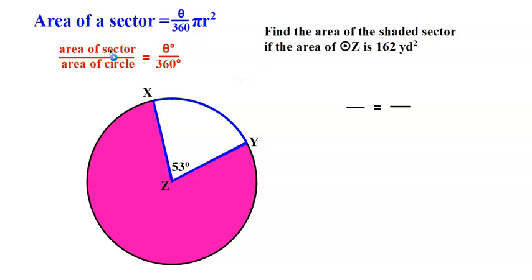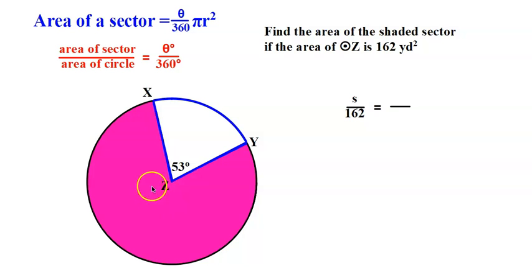I need the area of the sector over the area of the circle. The circle is 162 square yards, and the sector is what I'm looking for, so S over 162. Then I want the degrees over the degrees of the entire circle. The central angle, 53 degrees, is not what I want; I want the shaded sector.